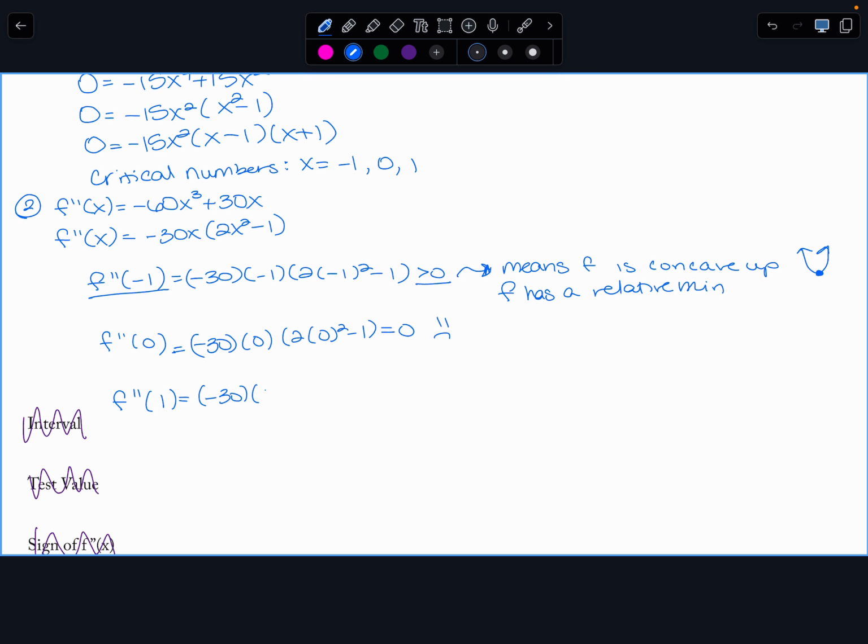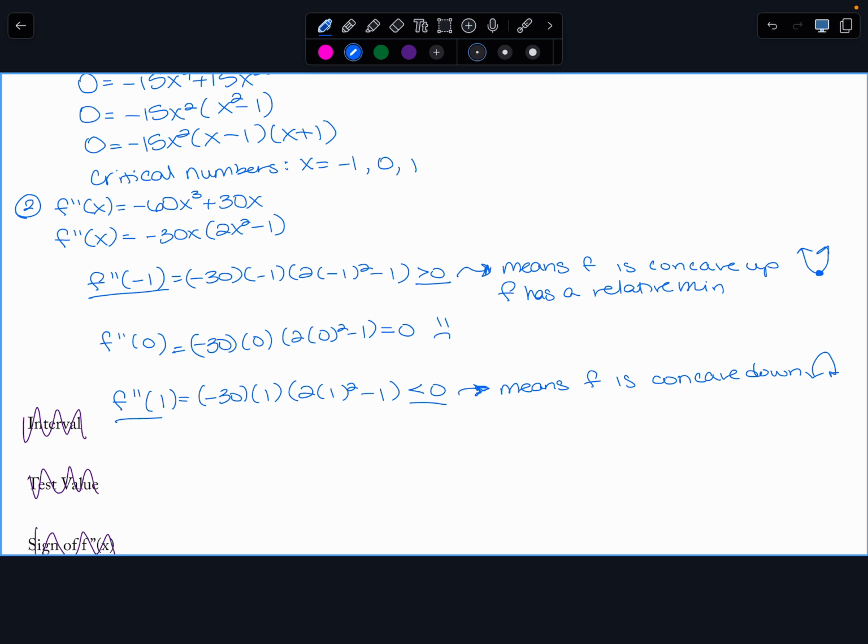-30 times 1, 2 times 1 squared minus 1 gives me less than 0. So that means, since my second derivative is less than 0, f is concave down.